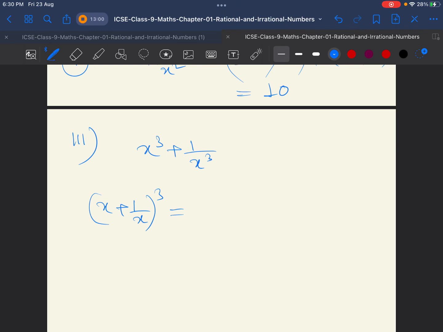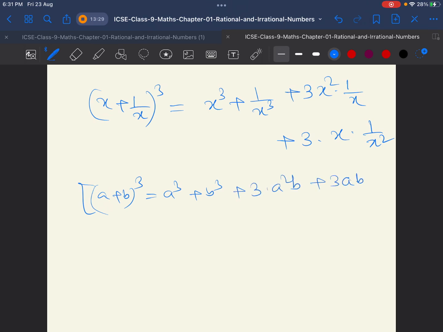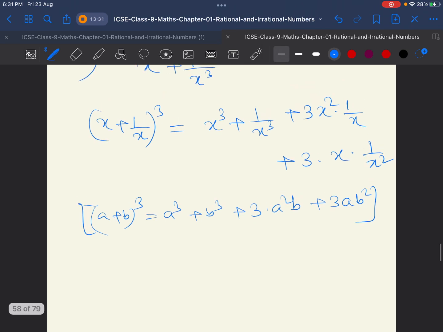A plus b whole cube, we know equals a cube plus b cube plus 3 into a square b plus 3 into a b square.